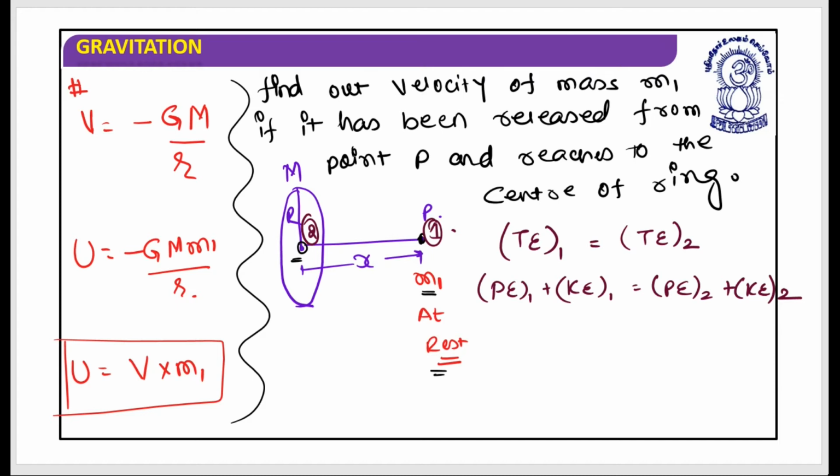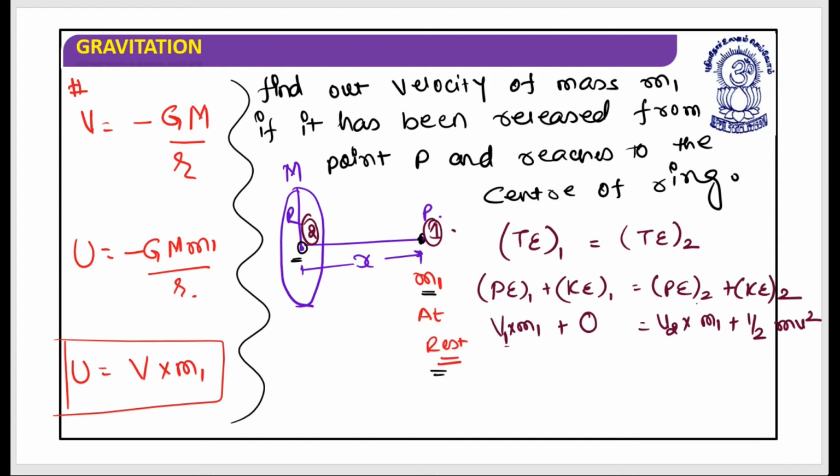Now what is potential energy at 1? Potential energy at this location is equal to potential multiplied by mass m1, plus kinetic energy, which would be 0. Let's call it V1. Potential energy at 2 is V2 multiplied by m1 plus kinetic energy, half m1 v square.